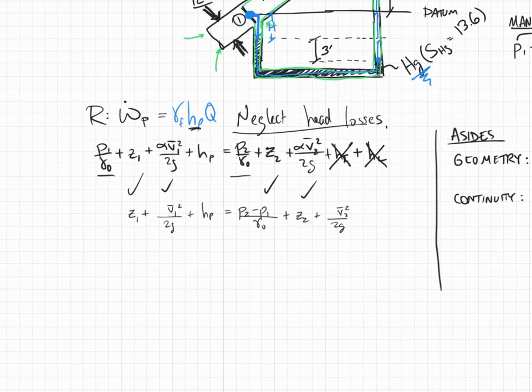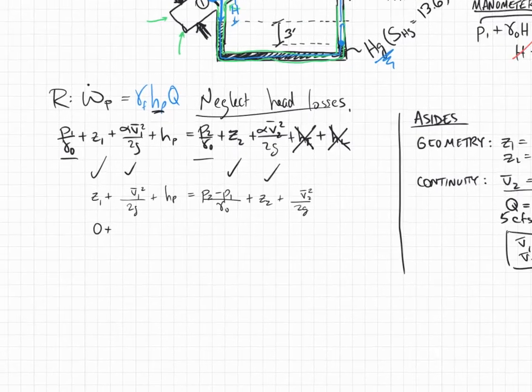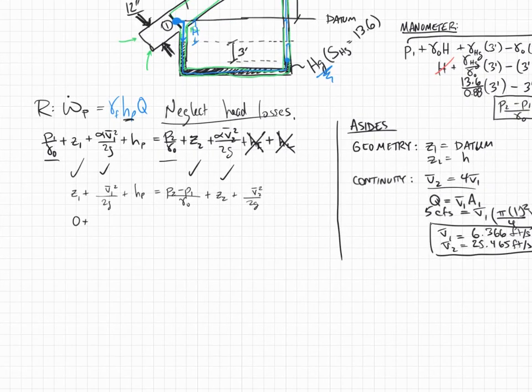So Z1 is 0. V1 squared over 2g. What's V1? 6.3666 feet per second, squared, over 2g. 2 times 9. Oh, no, don't do that. Careful. 32.2 feet per second squared, plus HP. That's what we're looking for.